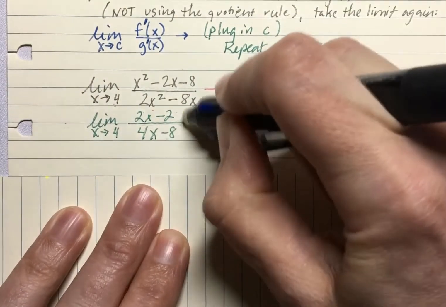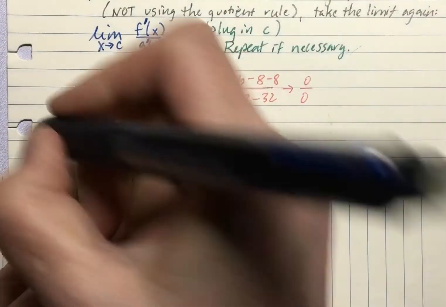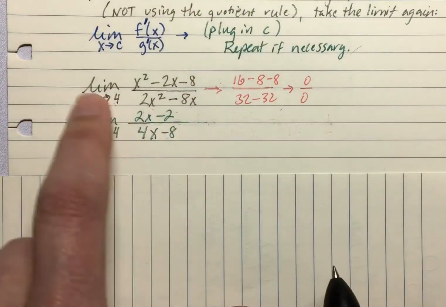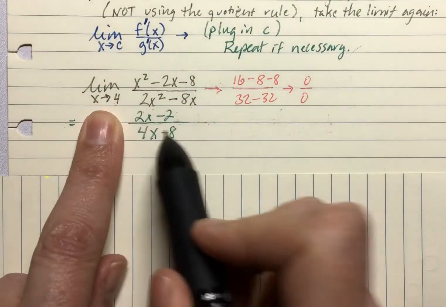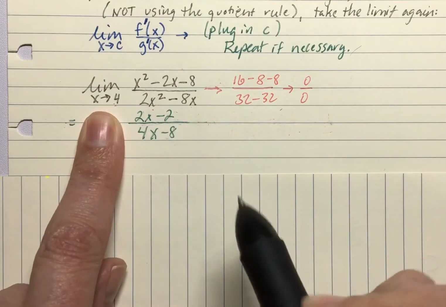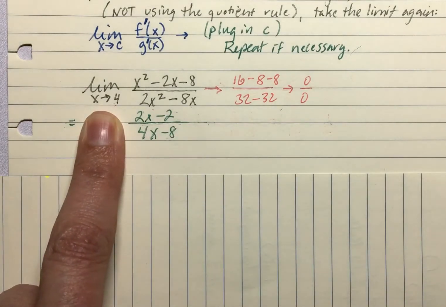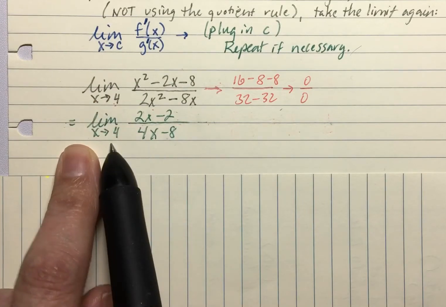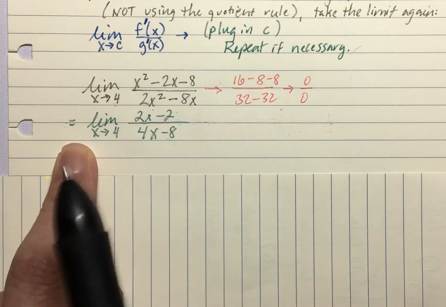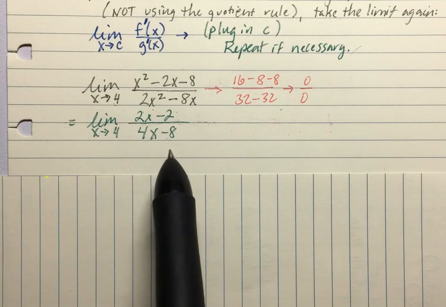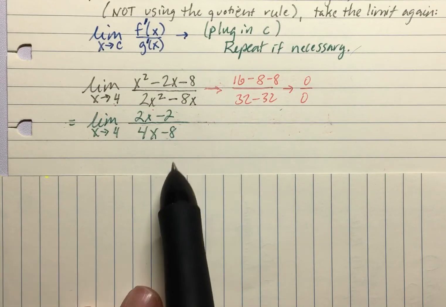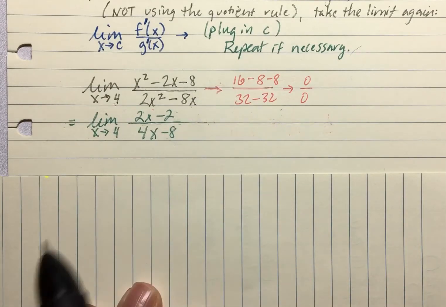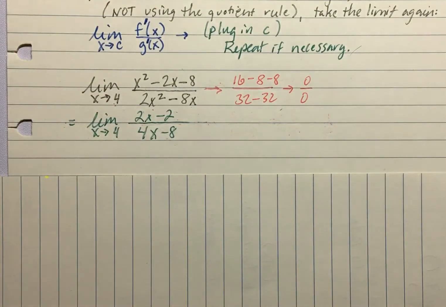One thing to watch for, and this is a mistake that happens a lot, is people saying this limit is equal to 2x minus 2 over 4x minus 8 without the limit notation. These two aren't equal. The limits as x approaches 4 of these two things are equal, and that is all. By the way, if you want to know the proof behind this, you can find it in our textbook. I'm not going there for the sake of time.